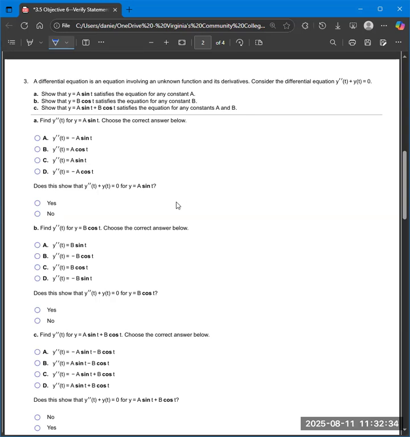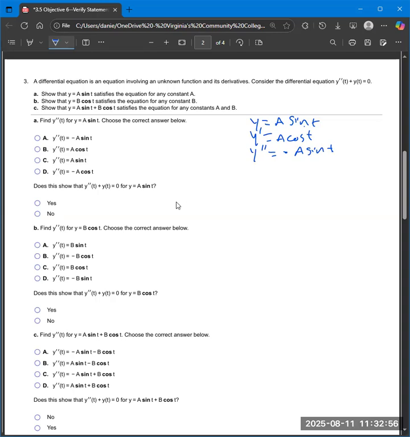So if y is equal to a sine of t, y prime is a cosine of t, y double prime equals negative a sine of t, then the second derivative plus the original is equal to 0.